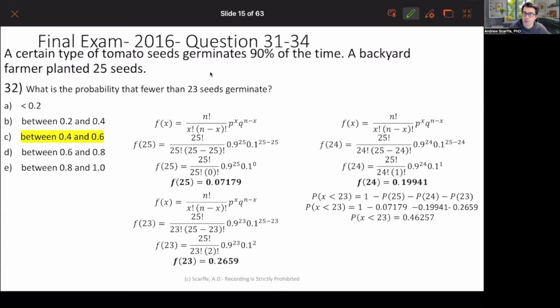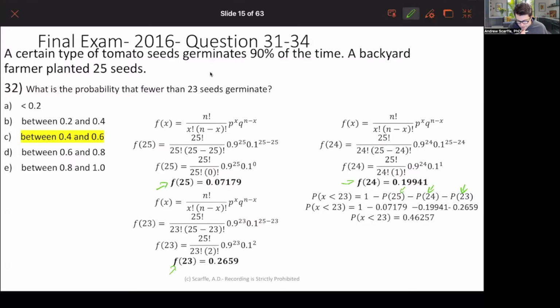All we're going to do is 1 minus the probability that x is equal to 25, minus the probability that x is equal to 24, minus the probability that x is equal to 23. Unfortunately, there's no better way of doing this. You have to do this by brute force calculation. So we first calculate the probability that 25 seeds germinate, that 24 seeds germinate, and 23 seeds germinate.